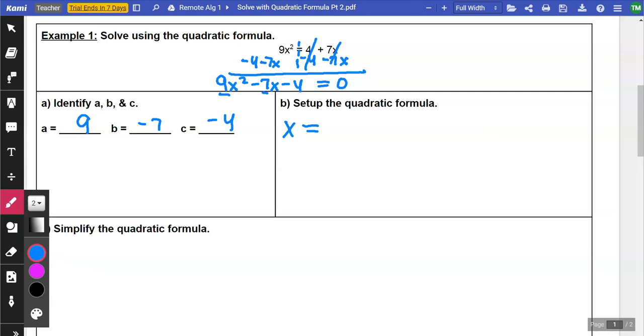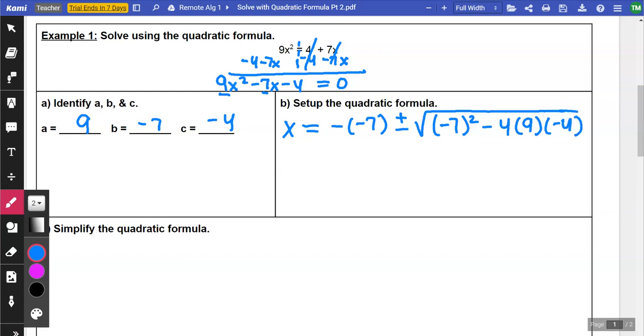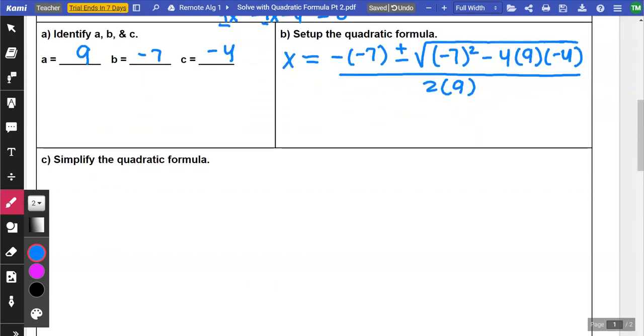We would have x is equal to the negative of negative 7 plus or minus the square root of negative 7 squared minus 4 times 9 times negative 4. And notice I'm extra careful in putting all my negatives in parentheses so I can keep track of them. And that's all over 2 times 9, or 2 times a. So now we're ready to simplify that quadratic formula.